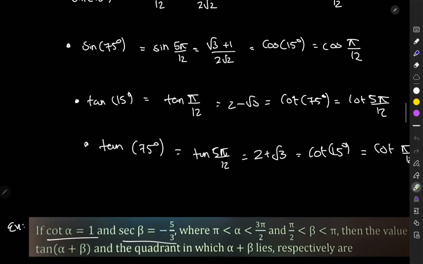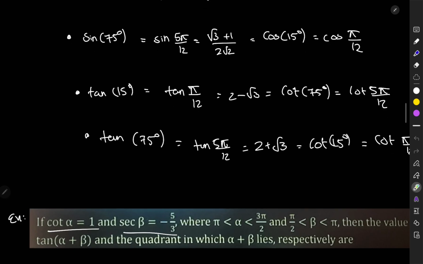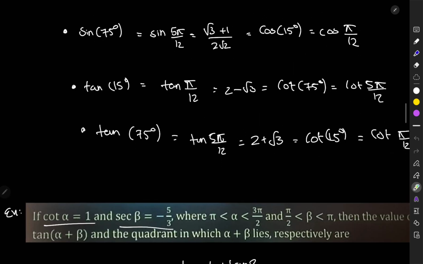Okay, let's see a question. Now let's solve an easy question. The answer is given below, but let me first explain it. So cos alpha is given as 1, sin beta is given as minus 5 by 3, right?